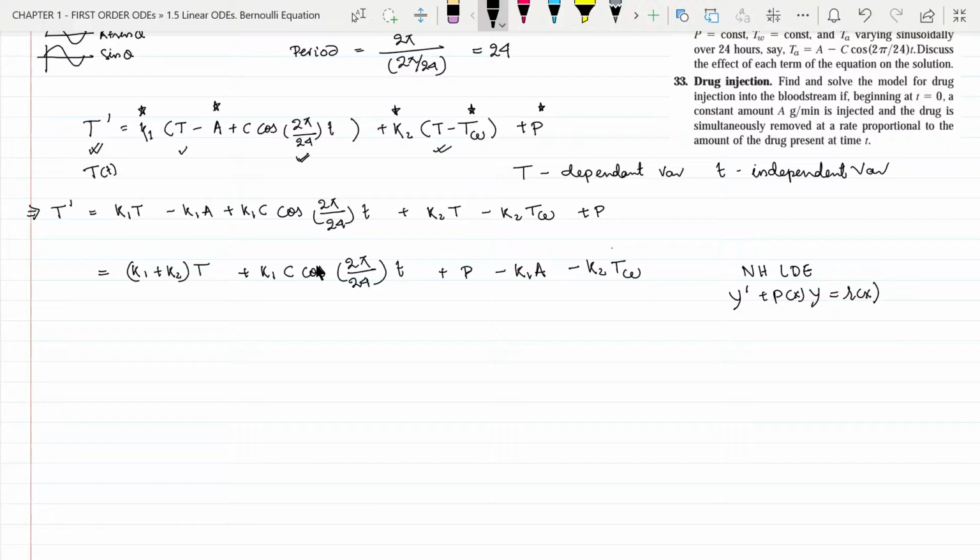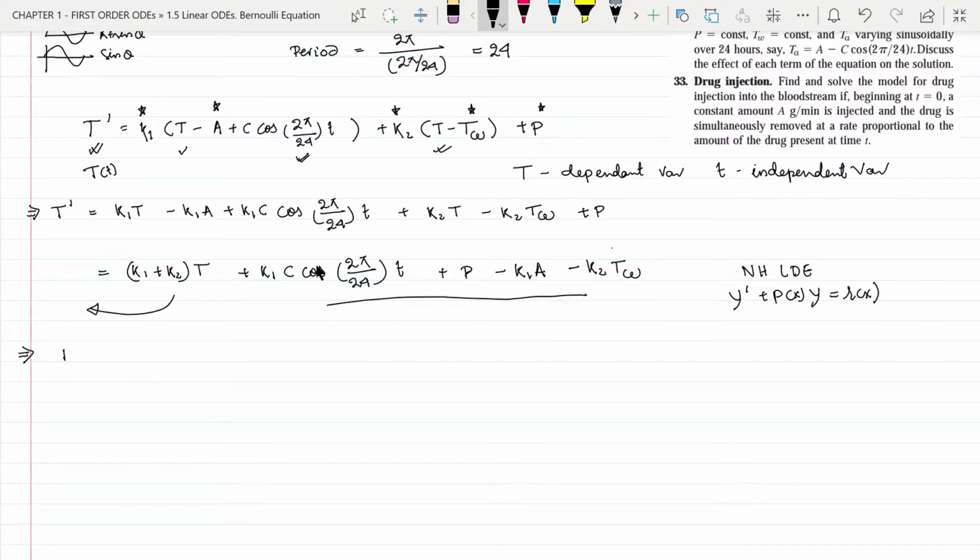We just have to rearrange the terms. For that, we will take this T term to the left hand side, and this will be the r of x term, because r of x is just a function of x, where x was the independent variable. Here t is the independent variable, so this whole term will be r of x.